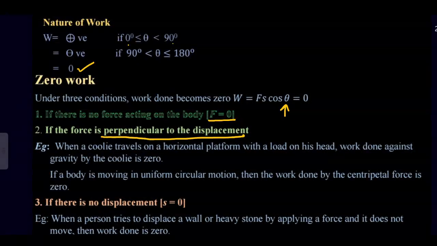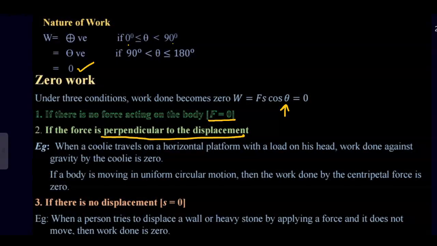Your force is in the upward direction and you are moving horizontally. What is the angle between the force and displacement? 90 degrees, so work is 0.